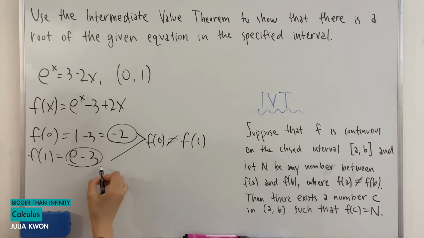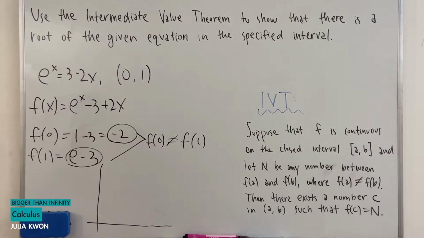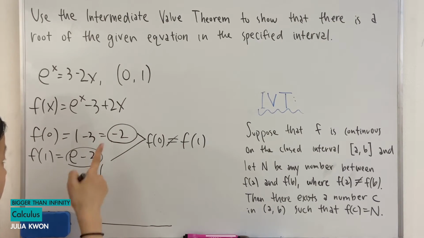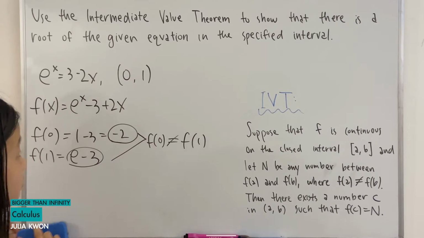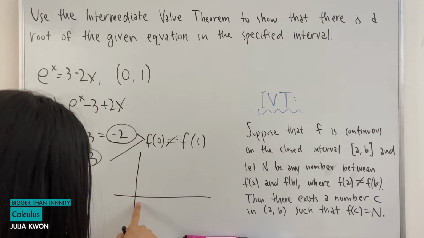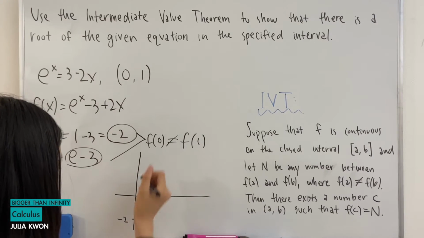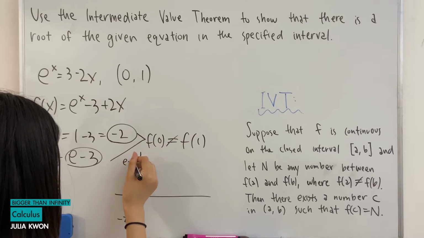And so if we draw this, at x is equal to 0, let's say that -2 is here, and e minus 3 is here.